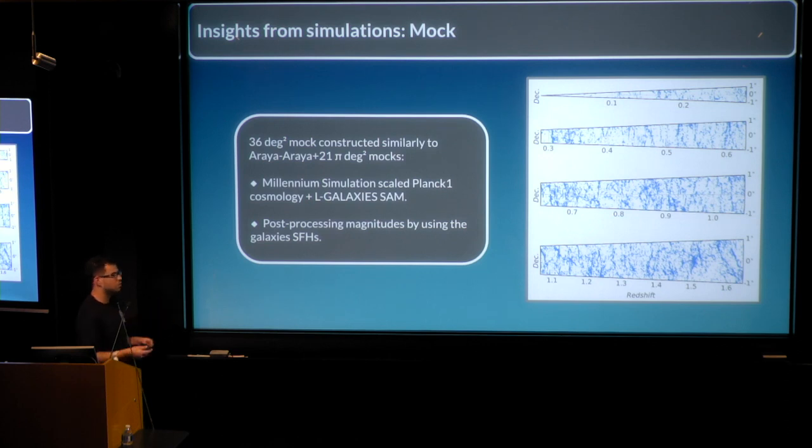Millennium is just a dark-matter-only simulation, and then we run L-Galaxies to populate those dark matter halos with galaxies. The idea of the mock is to have simulated data that tries to emulate observations as much as possible. As we can see, it's like a lightcone and not a moving box in different snapshots. We try to construct a fake observation, basically an automatic catalog.